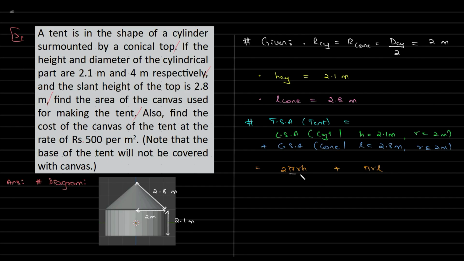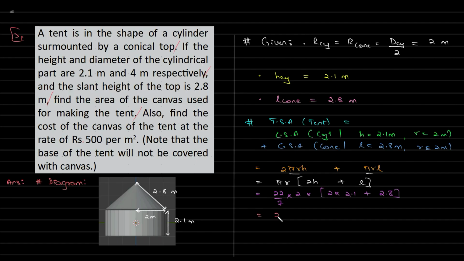Now, what is common? I'm taking common in the formula itself. This is the next version. So you guys need to get used to this also. Pi R is common. So what is left out? 2 times of H plus slant height. So we have 22 by 7 into radius is 2 into 2 into height is 2.1 and slant height is 2.8.